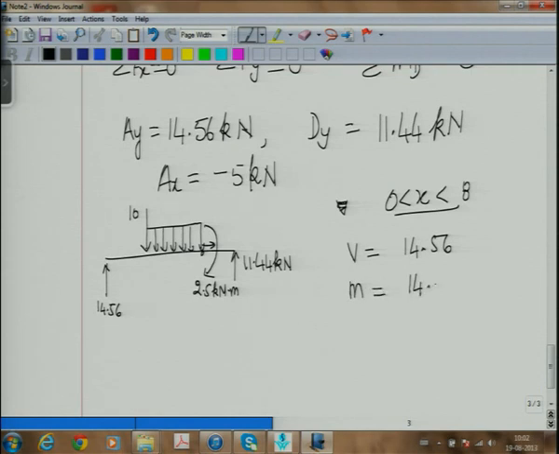Now let me write this, let's see if everyone follows this or not. Notionally what I am doing is, when I am writing this, I am cutting a section at x which is between 0 and 8, and there is a single force of 14.56. So, now on all sections to its right, what does this 14.56 do? It will create, we put a shear force V like this, so that means V must be equal to 14.56.